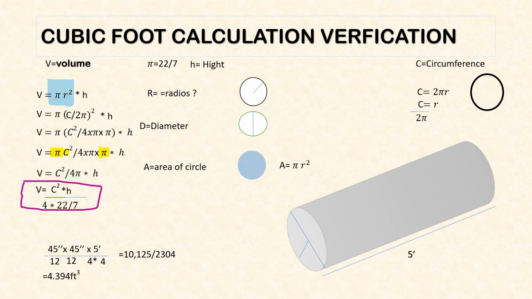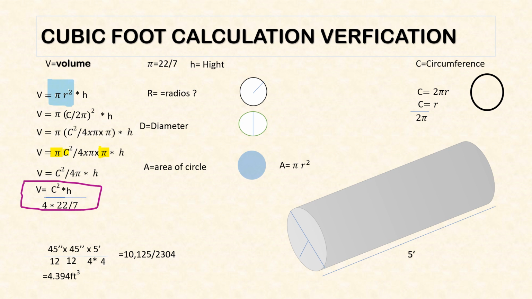So, as I said, the calculation goes as it is: 45 into 45 into 5, that is 10,125, over 12 into 12 into 4 into 4, that is 2,304.